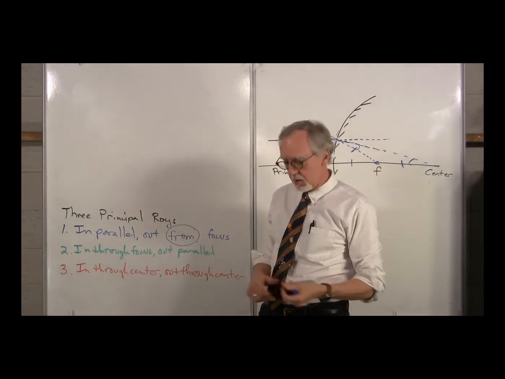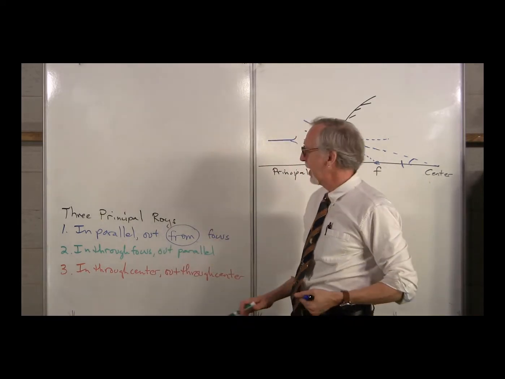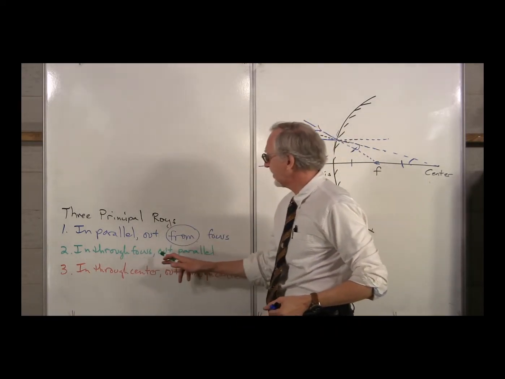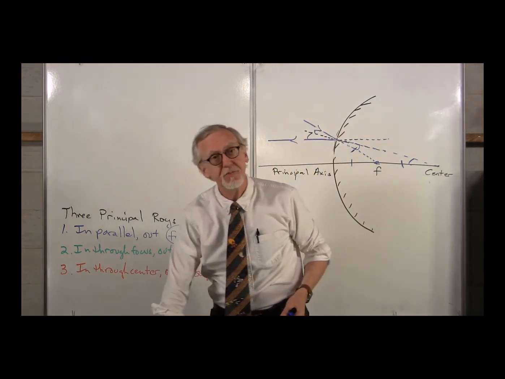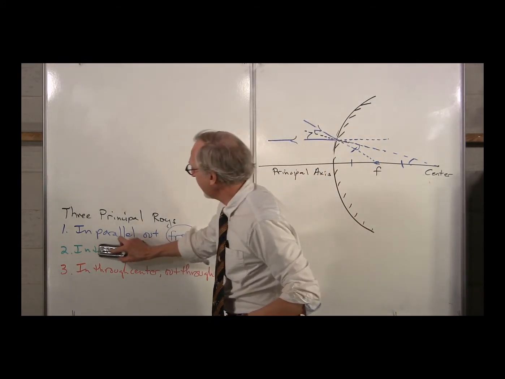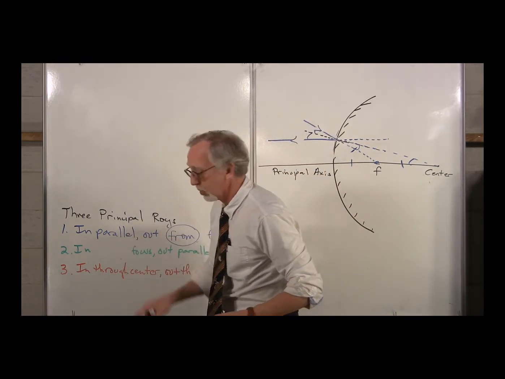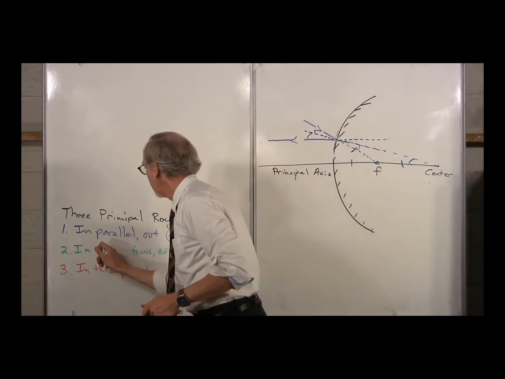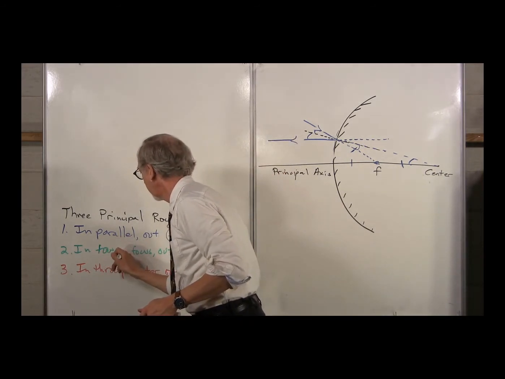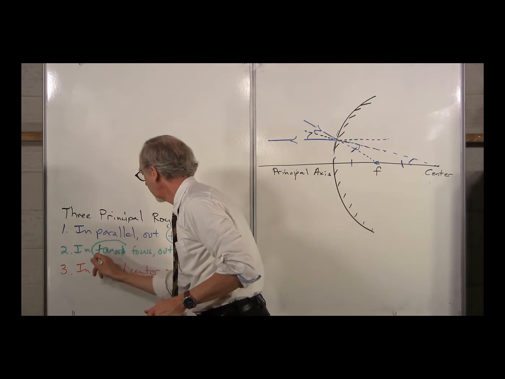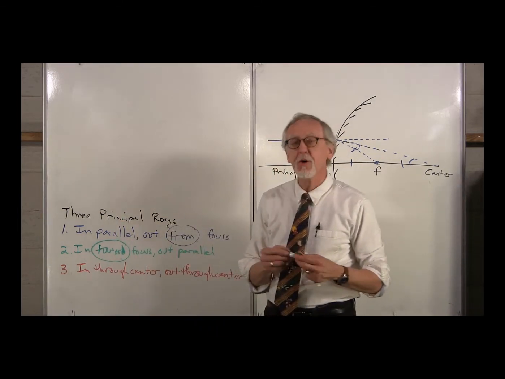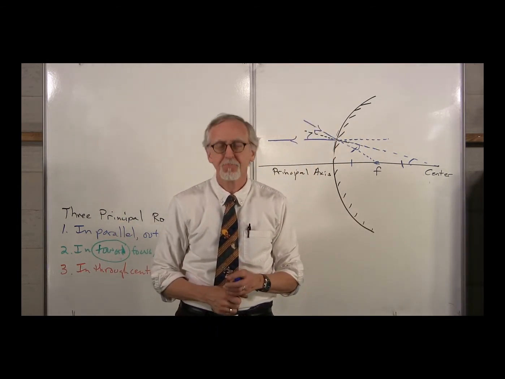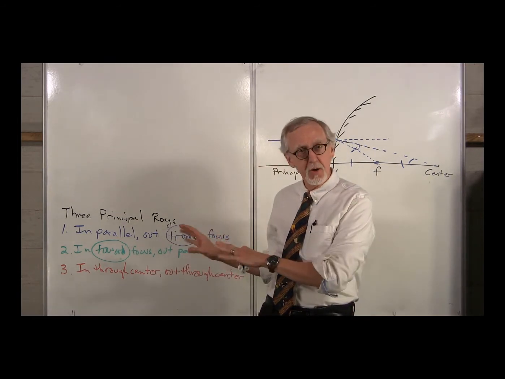How do we change our second principal ray? In through the focus, out parallel. Well, again, all we have to do is change one word. In toward the focus. So in toward the focus, out parallel. Very, very good. Very small change.